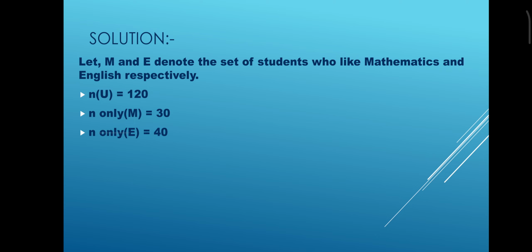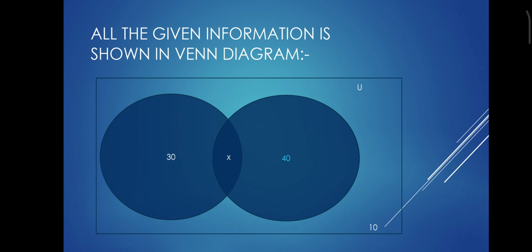And n only E, this means the number of students who like only English, is equal to 40. And the number of students who neither like math nor English, n complement of M union E, is equal to 10. n M intersection E, we let X because there is no value given to it. All the given information is shown in the Venn diagram.